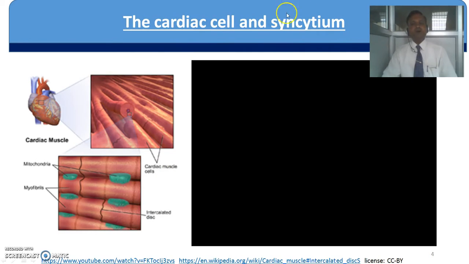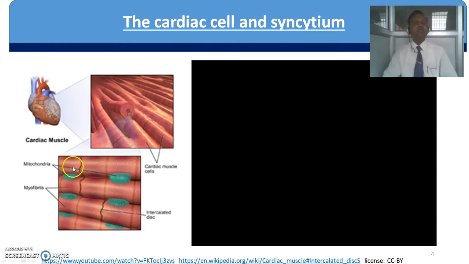Another important word about heart is syncytium. The meaning of this word syncytium is a cell which has multiple nuclei and only one set of cytoplasmic material. This is not true about heart. There are distinct cells in the cardiac muscle fibers, but they are separated by a very thin disc which is present between two cells, and that disc is called the intercalated disc.